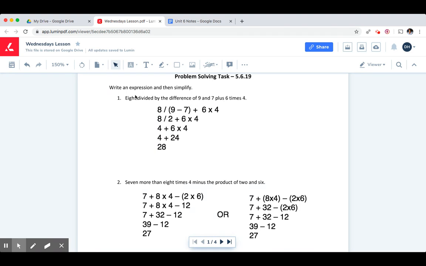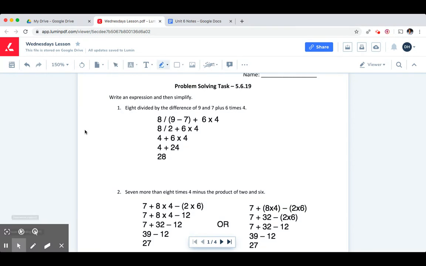For number 1, it says 8 divided by the difference of 9 and 7 plus 6 times 4. So here, I know that 8 is being divided by a group that's in parentheses because it says divided by the difference of, and those are words that show us order. So it's being divided by the difference of 9 and 7.